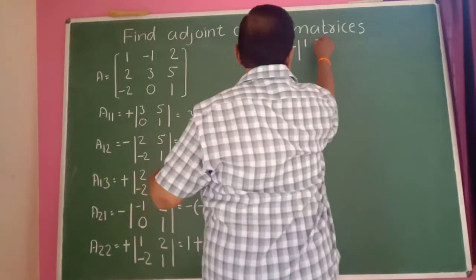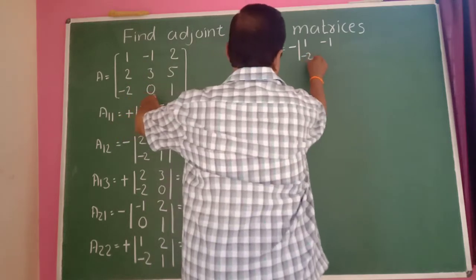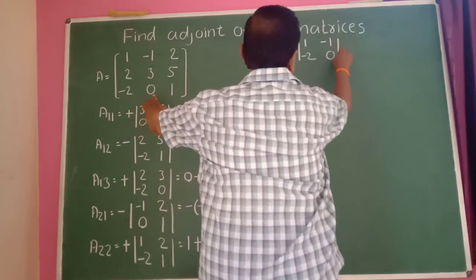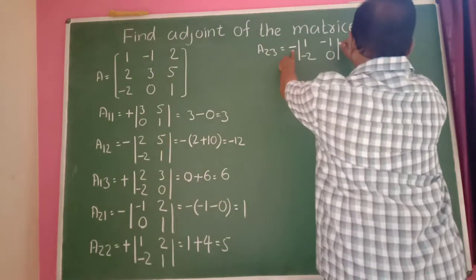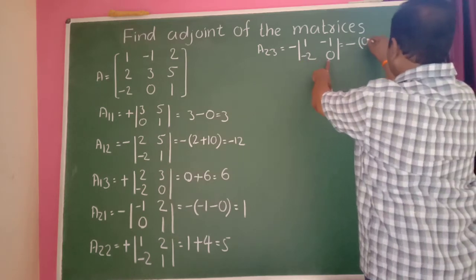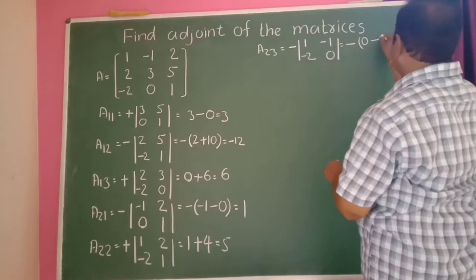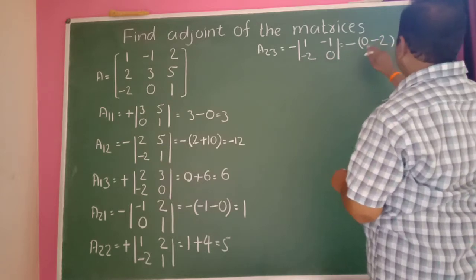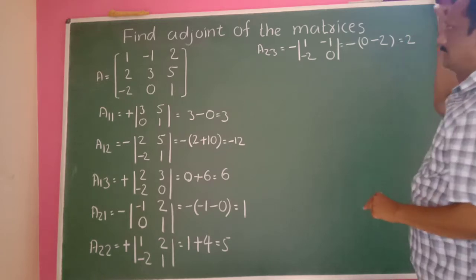Then expand it. The outside minus sign is there, so write minus into bracket. 1 into 0 becomes 0, minus minus 1 into minus 2 gives plus 2. Then minus into plus 2 gives minus 2. Therefore this is plus 2.